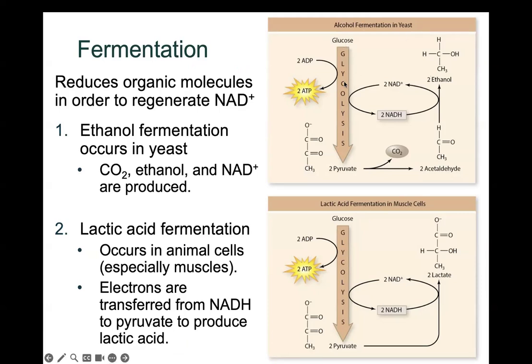Straight away from glycolysis, you create ATP using substrate-level phosphorylation, and you have pyruvates. It's different between animal cells and yeast cells. In yeast, first of all, pyruvate is decarboxylated, so you remove a carbon dioxide to create acetaldehyde, and then that is your electron acceptor.